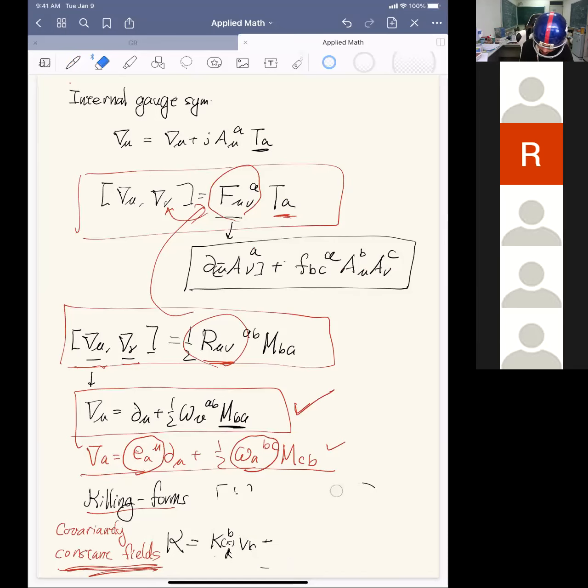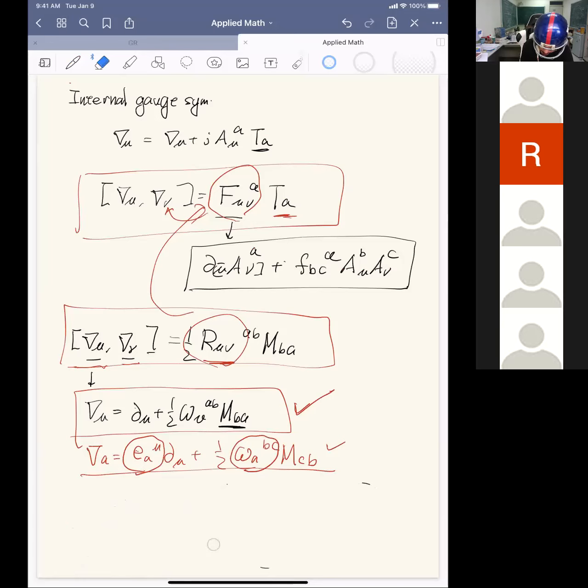Remember that, sorry for repeating myself, but I just want everybody to follow closely. The covariant derivative transforms, let me use flat indices, as exponential lambda, delta A, exponential minus lambda.